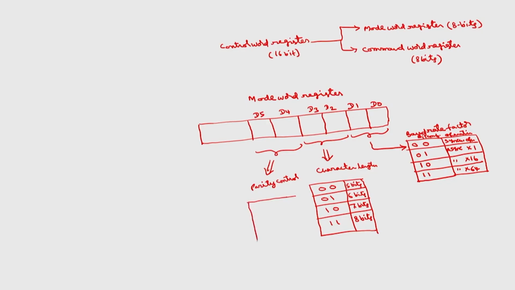That will be decided by these 2 bits. 0 0 is no parity; in fact x 0 is no parity. 0 1 is odd parity, and 1 1 is even parity.